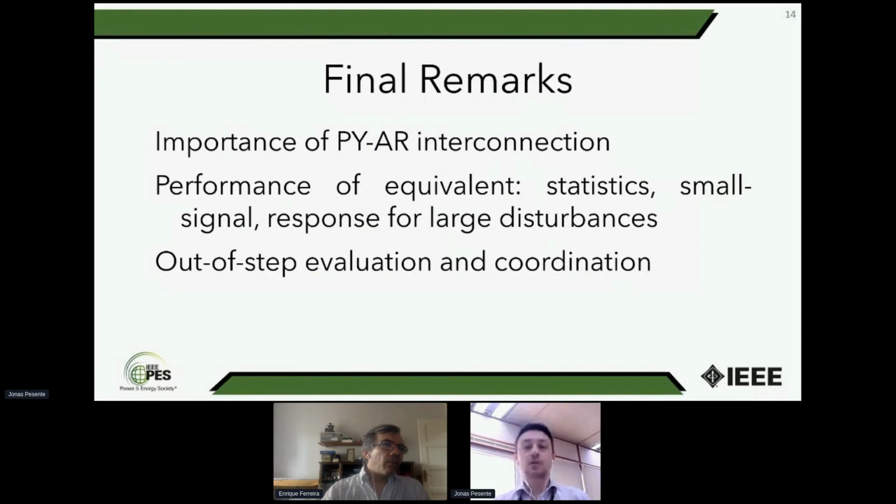So I think we are going to do a lot of work in the next weeks, and we are also already considering the model of the Uruguayan power system integrated to the Argentinian power system. So some of the disturbances that we simulate, we see also happening in the Uruguayan power system. And you also have, of course, a big power plant shared with Argentina, so we are simulating the dynamics of this power plant too.